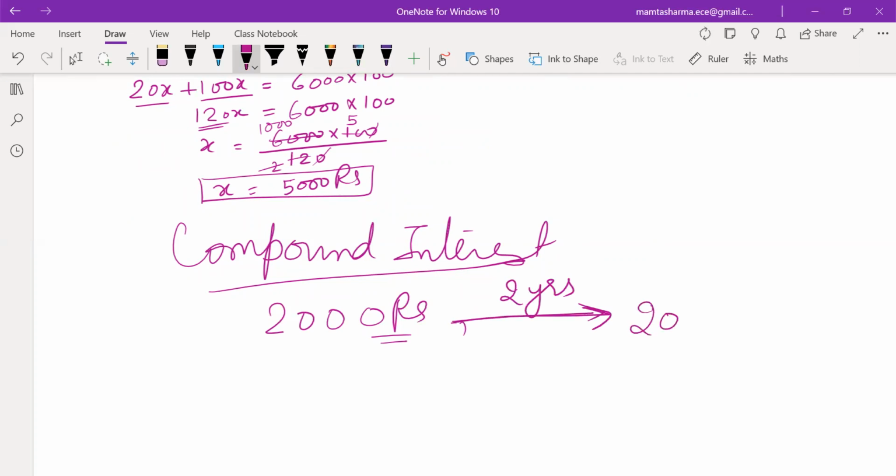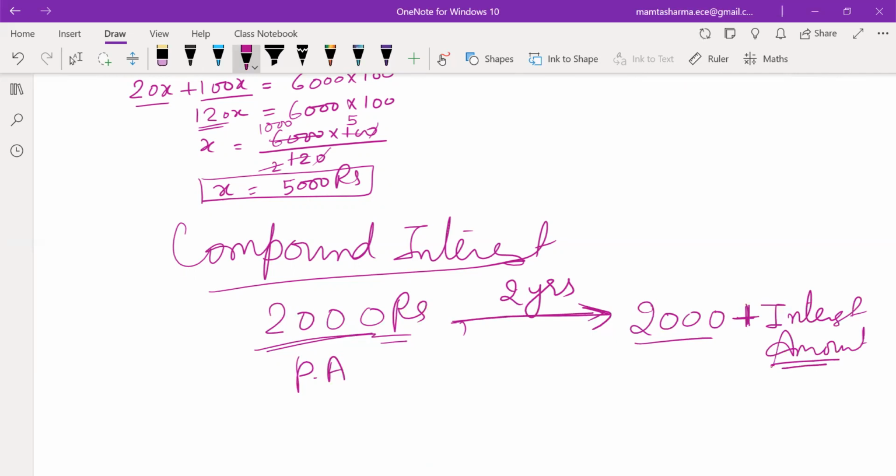With this initial amount, or principal amount, I have to pay some interest amount also. I have to pay this money with the interest amount.